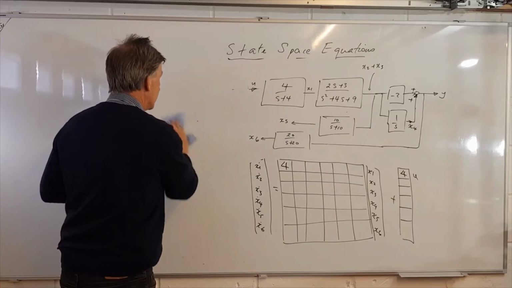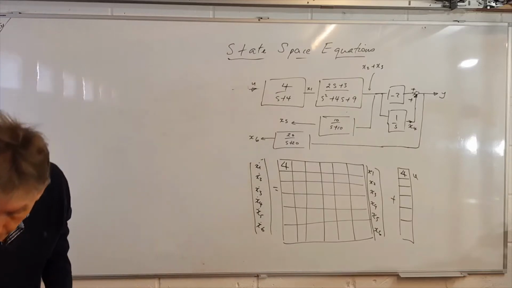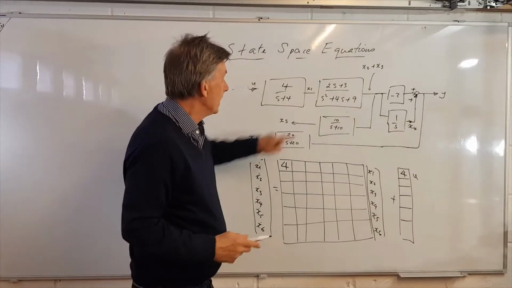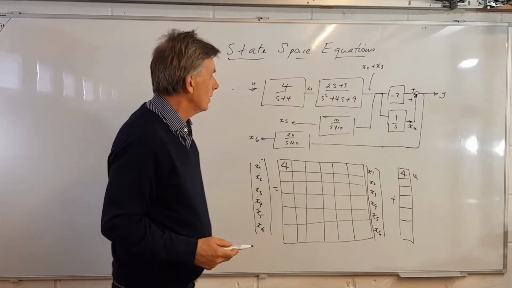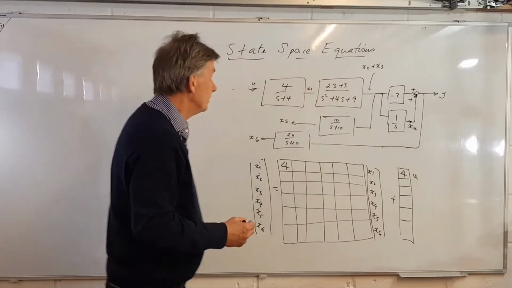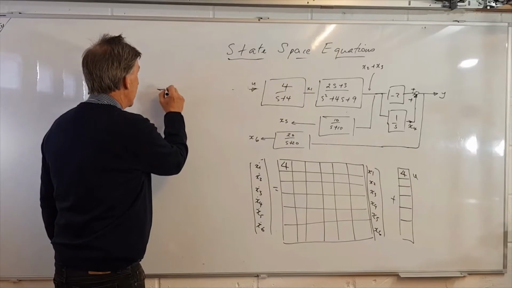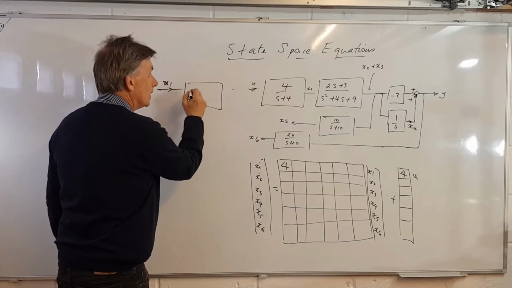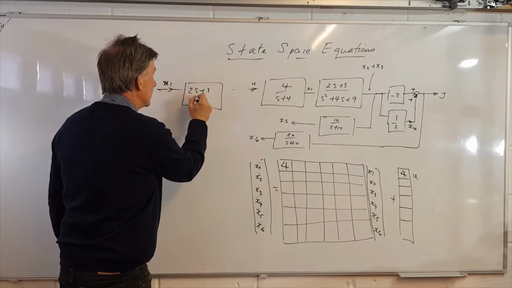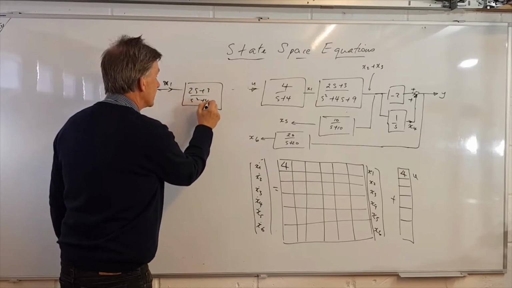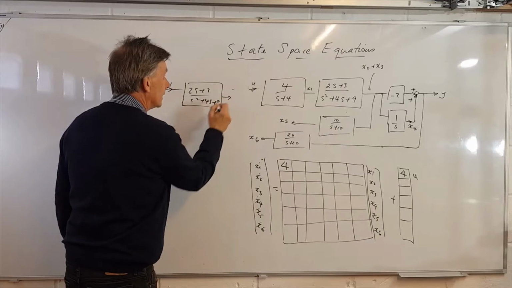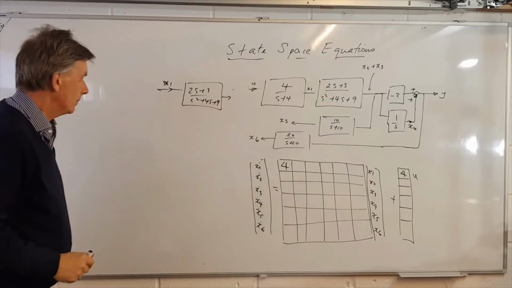So now go on to the next one, which is this one here. So this is a second order system, so we're going to do this one in companion form. So what we have is x1 feeding in, and we've got a block diagram here, which is 2s plus 3 over s squared plus 4s plus 9, and we don't quite know what the output is at the moment.